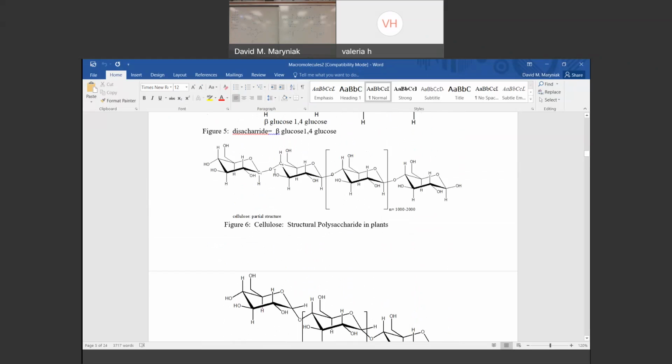Because the connection is beta. So you should think of your beta connection as more rigid. We don't have enzymes that are able to digest it, meaning break it up into smaller pieces. And so can we use wood as a structural thing? Can we use cotton as a fabric?